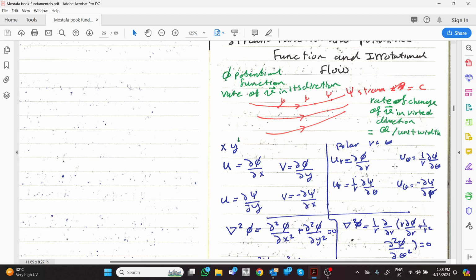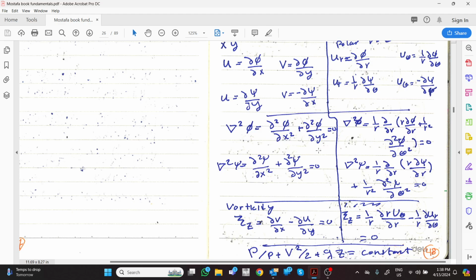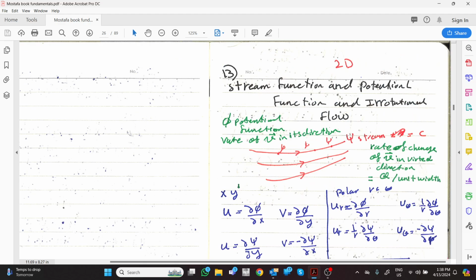Based on this definition, of course, this is the Cartesian coordinates, and there are also polar or cylindrical coordinates with r and theta. It is about 2D. 3D is way more complicated. Even this one is named potential function theory or irrotational flow theory.